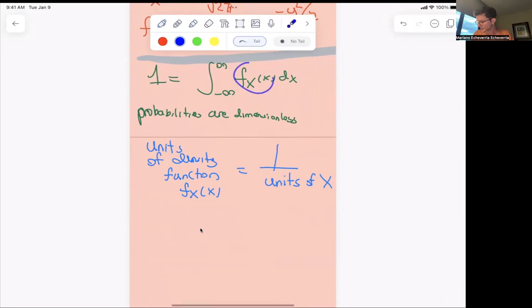That way, this times this multiplies to something dimensionless, and you get a pure number for probabilities. So that's another useful remark. Not that we work too much with units in this course, but it's the same reason why we talk about the standard deviation, so that it has the same units as x, and not the variance, because the variance has the units of x squared, for example.